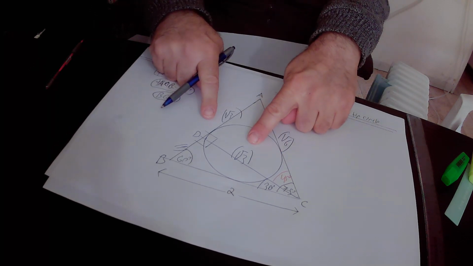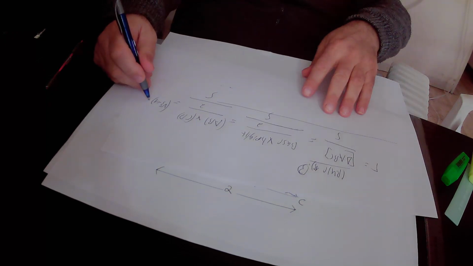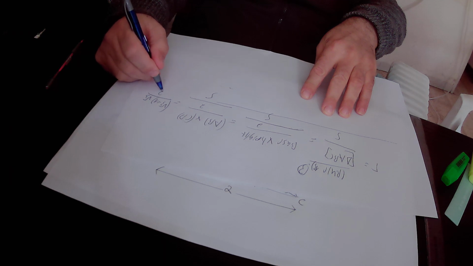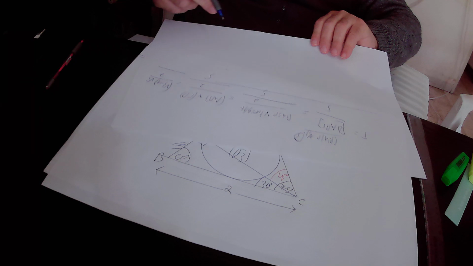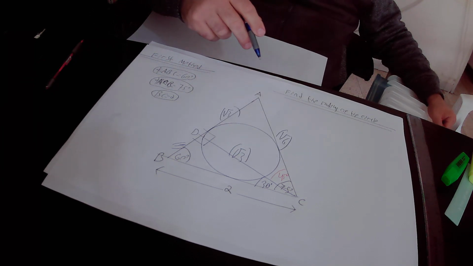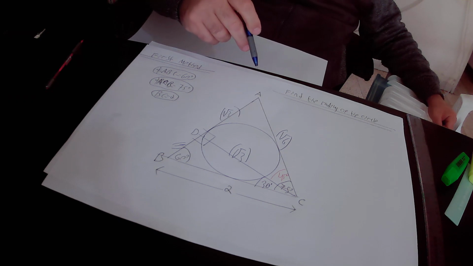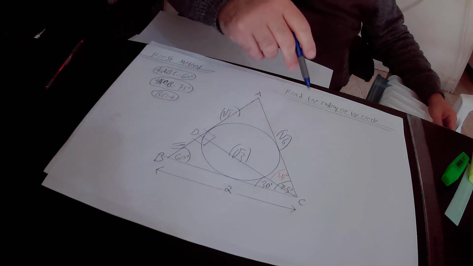CD is equal to the square root of 3, divided by 2, all divided by the semi-perimeter of triangle ABC. The semi-perimeter equals the perimeter over 2. The perimeter of triangle ABC is AB plus BC plus AC.